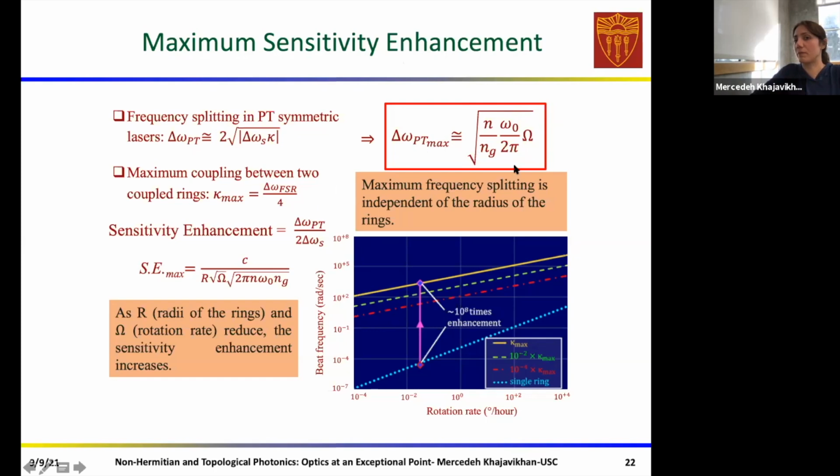It becomes a constant that depends on all sorts of parameters of the system, like the refractive index and the group index of the waveguides that the ring is made of, and omega 0, which is the frequency, and so on and so forth. So we can in fact show that at best, this system becomes independent of the size.